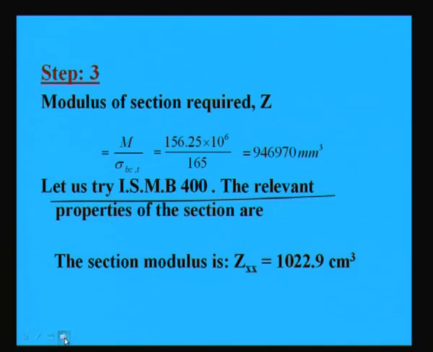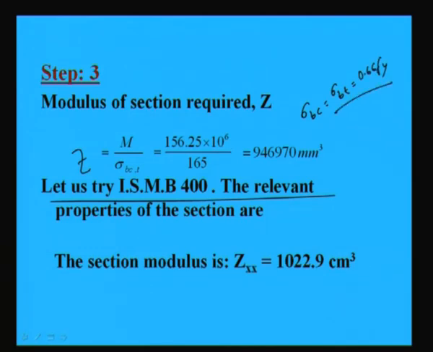Now, in step 3 we will find the required section modulus. That will be M by sigma BC or sigma BT, and in this case, for a beam having lateral support, sigma BC will be equal to sigma BT, and that will be 0.66 Fy.